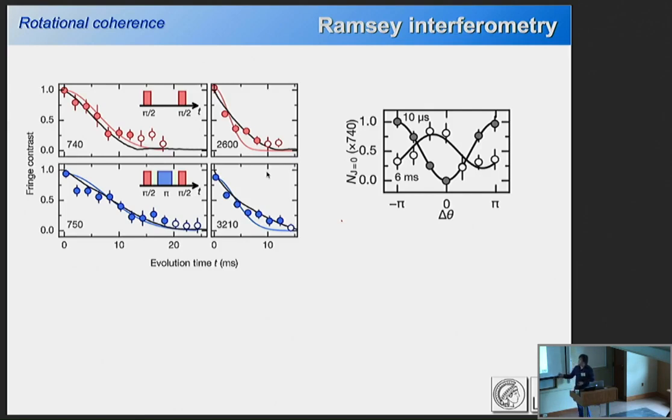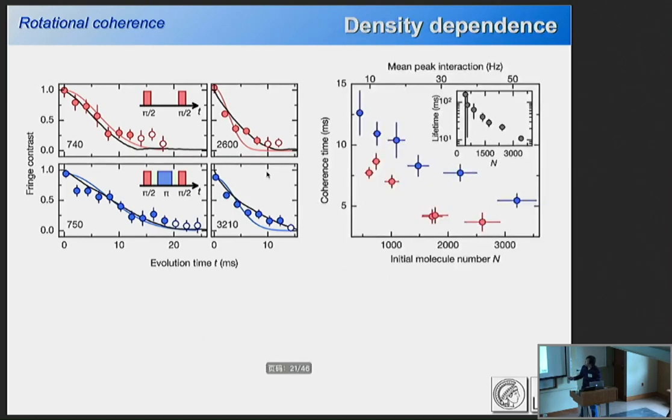And again, we saw that the higher the density, the shorter the coherence time. We map this dependence of the coherence time versus the initial molecular number, so also the density. You can see this coherence time drops with density.